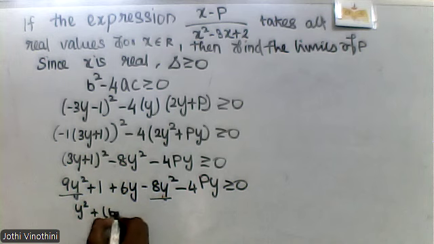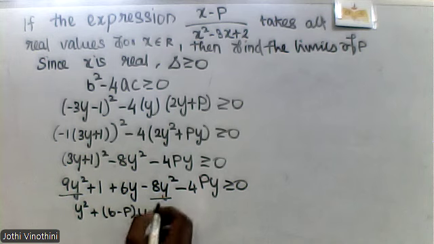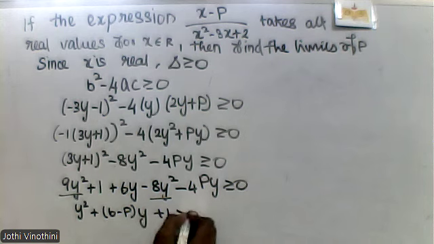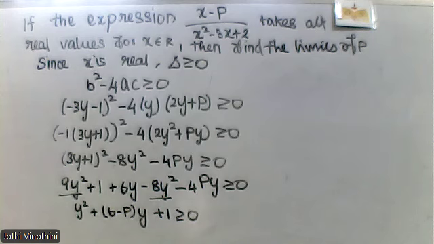So it will become 6 minus p multiplied by y. What is the constant? The constant is 1, so I am going to keep the constant as it is, must be greater than or equal to 0. Okay? I will give you a minute so that you can copy this and we will move to the next step.